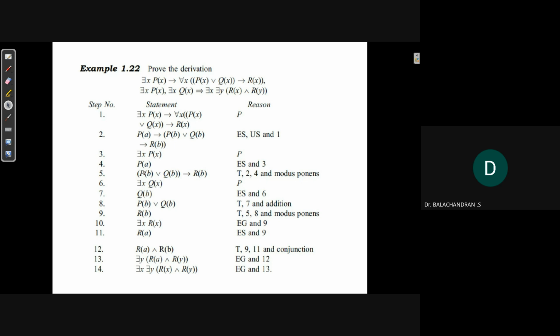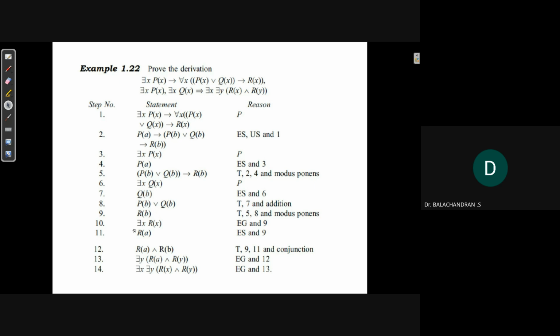Yes, 8 and 5. But in the eighth step, you have Q of B. So I got Q of B from where? 6. And this one I got from the there exists. So that's why R of B I got from the combination of there exists.